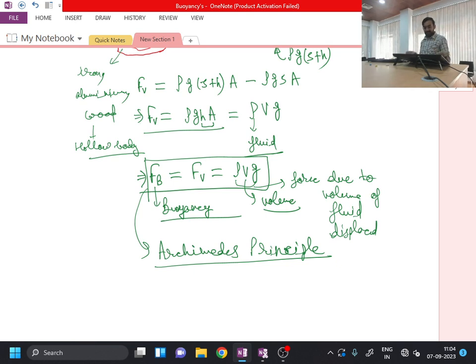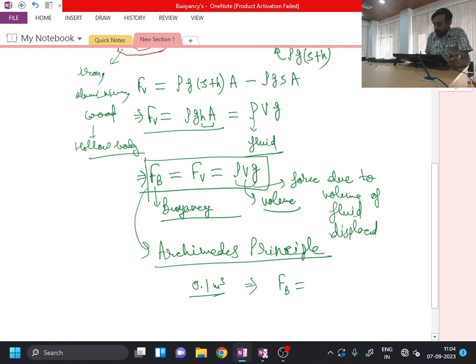On an average basis, for a human body, the volume can be taken as close to 0.1 meter cube, and if I consider the volume of air displaced as 0.1 meter cube under atmospheric pressure conditions, then this gives a buoyancy force on the human body of close to 1.2 Newton.